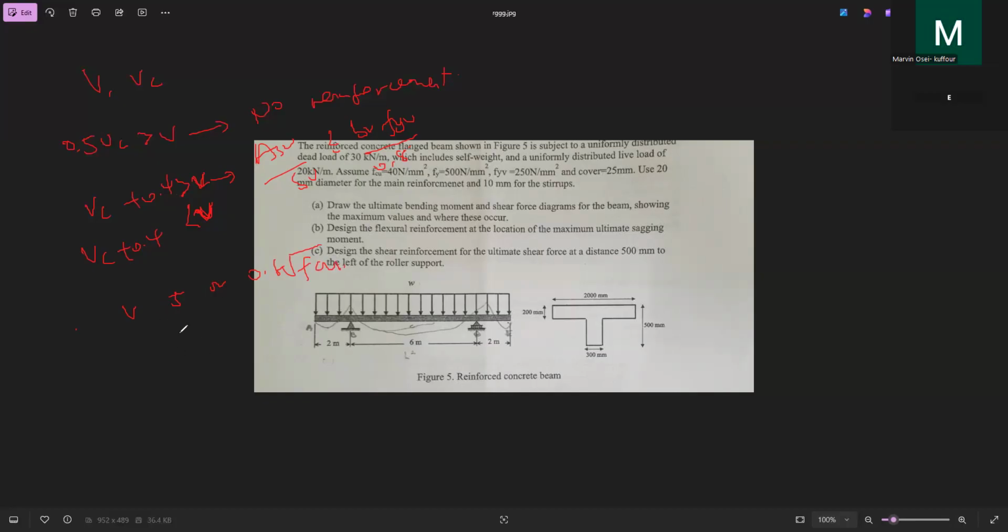So what we are saying is that if V is less than or equal to this or that, then we use a formula which is SV less than or equal to ASV times 0.95 FC, sorry, FYV over BV minus VC.